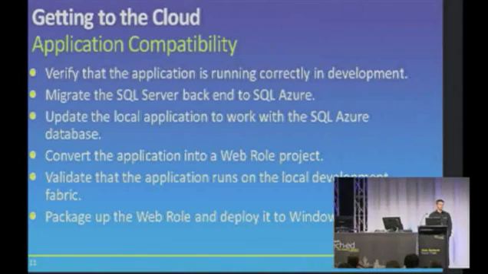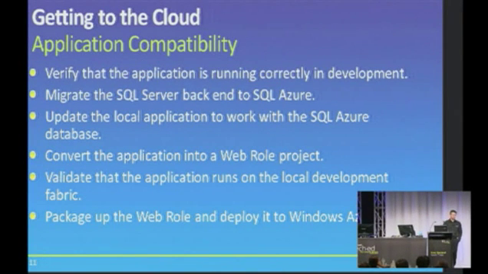There's a few things I need to do to make sure that when I put it up in the cloud, I'm not going to have some issues. First of all, once I've copied everything into my new cloud project, and it's a web project or an MVC project, I want to make sure it runs in a local dev fabric. This isn't doing anything to databases or connection strings. It will also be able to access all the resources it would have been able to access if it's running through local IIS. So I just want to make sure it works.